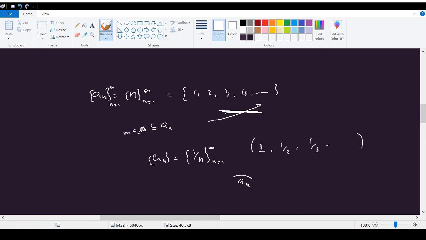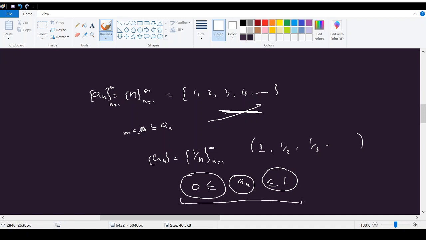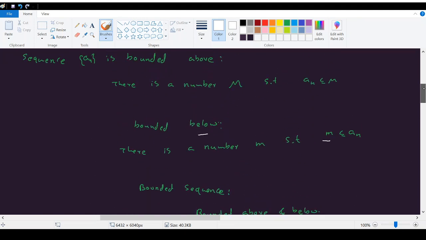So, all the sequence points will be less than or equal to 1 and definitely greater than or equal to 0. So, this is a bounded sequence. This is the upper bound and this is the lower bound, right? So, in fact, this becomes a bounded sequence, right? So, that's what we mean by a sequence being bounded.